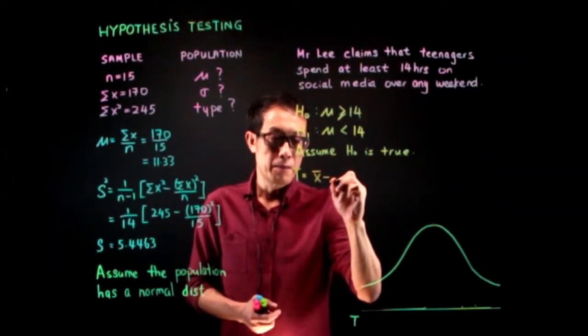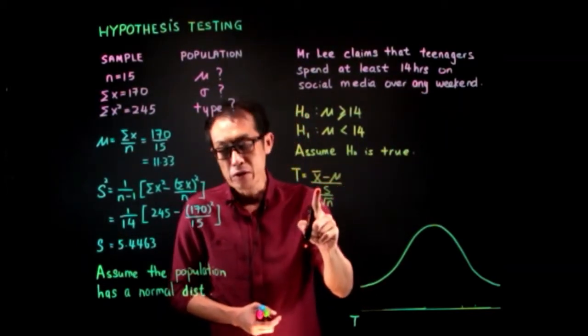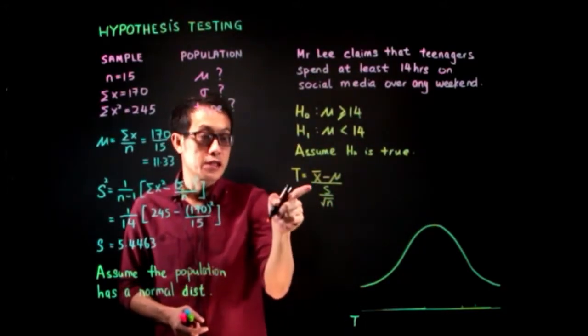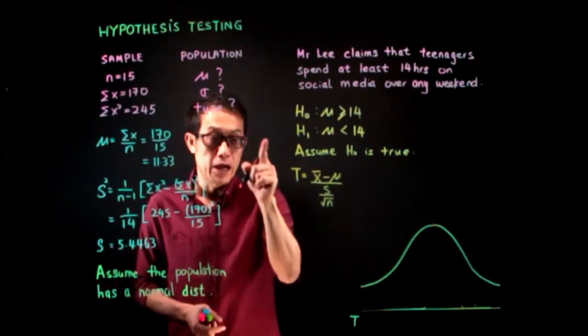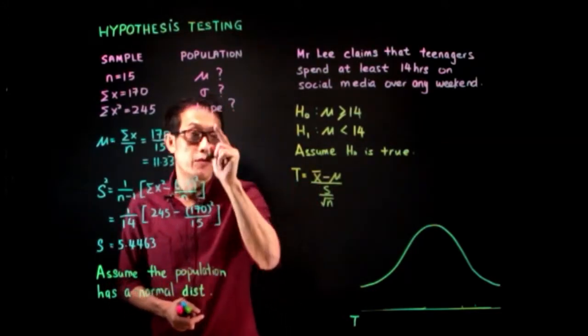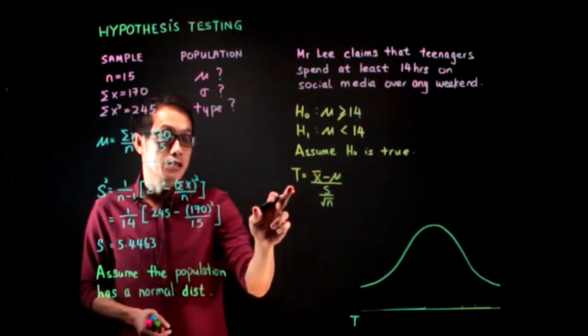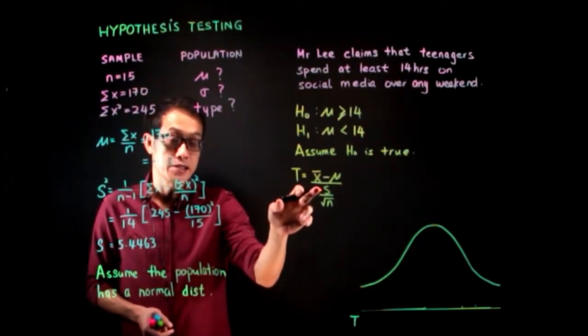So it's x bar minus mu over s over root n. Instead of sigma we are using s, because we do not know what sigma is. S is an estimator for sigma. You realize that this is not z because we are using a t distribution, because sigma is unknown.